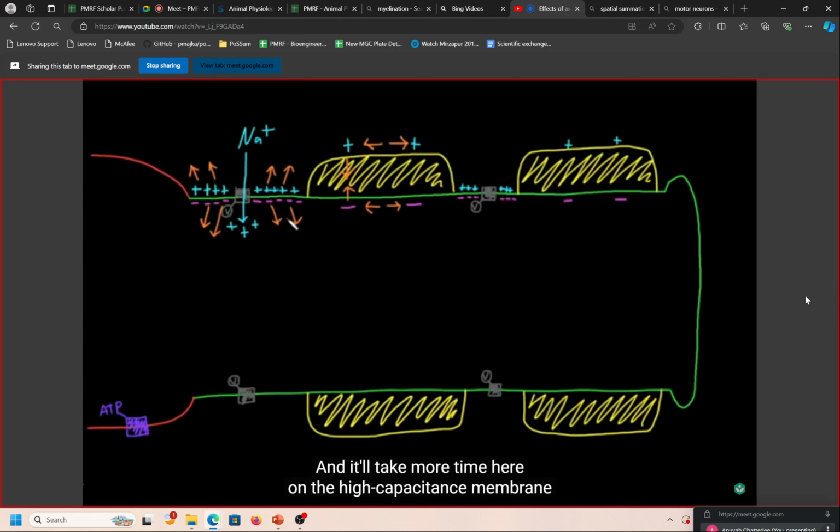And it'll take more time here on the high capacitance membrane at the nodes of Ranvier, or the trigger zone, than it will in the myelinated segments, just because there are fewer charges that have to move off the membrane to change the membrane potential.